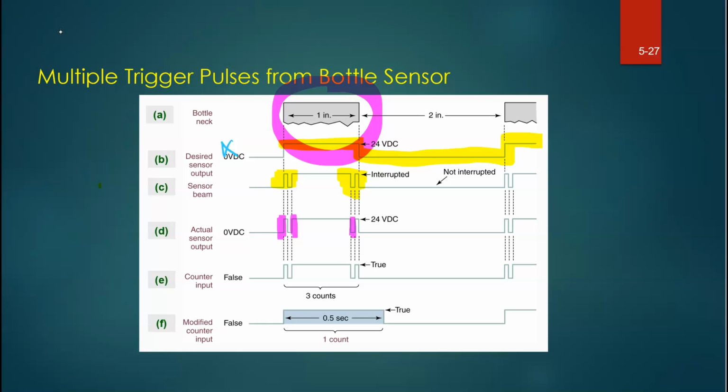Now, how does it work? What we know is that it's not practical to have 2 bottles so quickly. We cannot have 2 objects right after each other, because the length of our bottle is 1 inch, and then there is a distance to the other bottle, which is 2 inches.